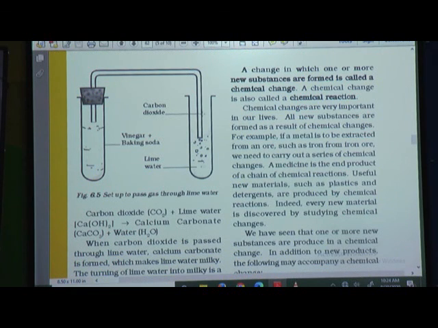So this is also a chemical reaction, and this solution is called calcium carbonate, and also some water particles are released in this reaction.